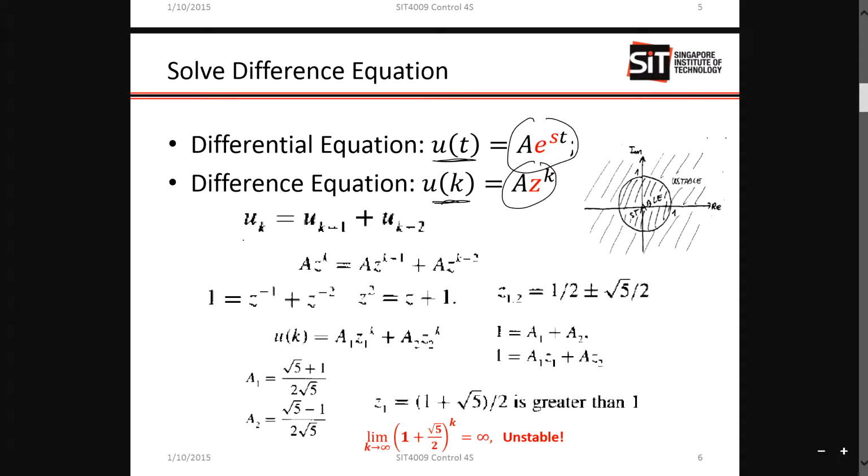And this sentence simply states that your current input, meaning the input that you put in now, added with your old input will give you your new input, u(k). That's just the meaning. But because this u(k) somewhat represents the e^(st) system, we're going to use z^k to represent the digital system. And therefore, in order to do that, let's start to derive something to determine stability.